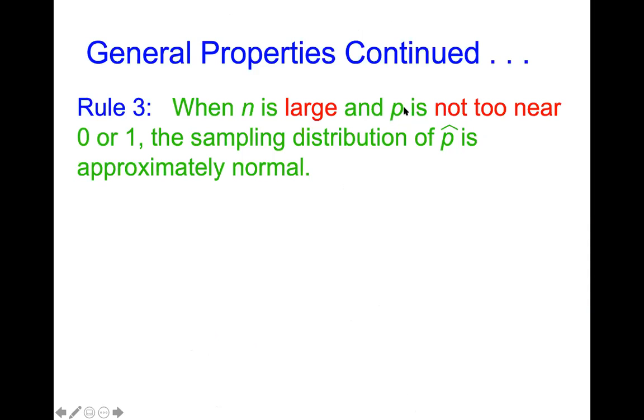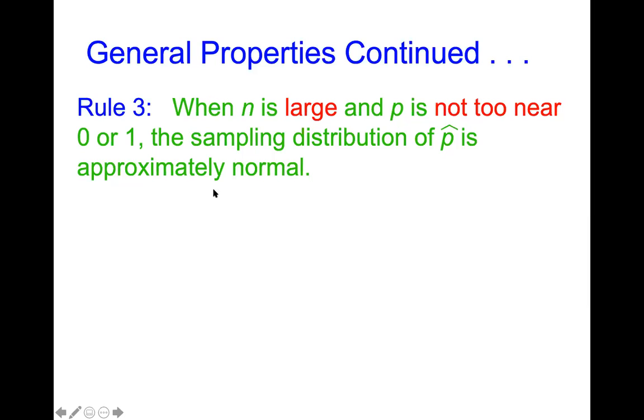There are two things going on: n has to be large, and p needs to be not too close to 0 or 1. In fact, the closer p is to 0 or 1, the larger n has to be for the distribution to be normal. Let me say that again. If p is right in the middle, if p is 0.5, n doesn't have to be very large for the distribution to be normal.